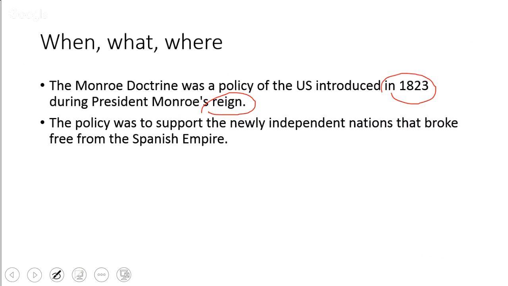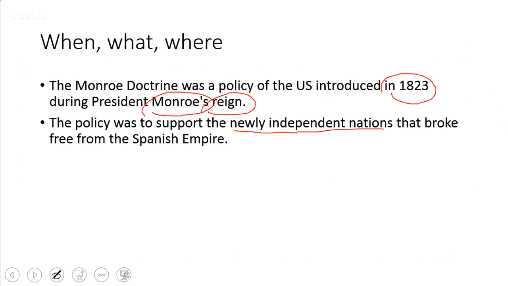And then, by the way, that's why they call it the Monroe Doctrine, because it's named after President Monroe. And the policy was to support, okay, you're going to talk about what it is: to support newly independent nations that broke free from the Spanish Empire.